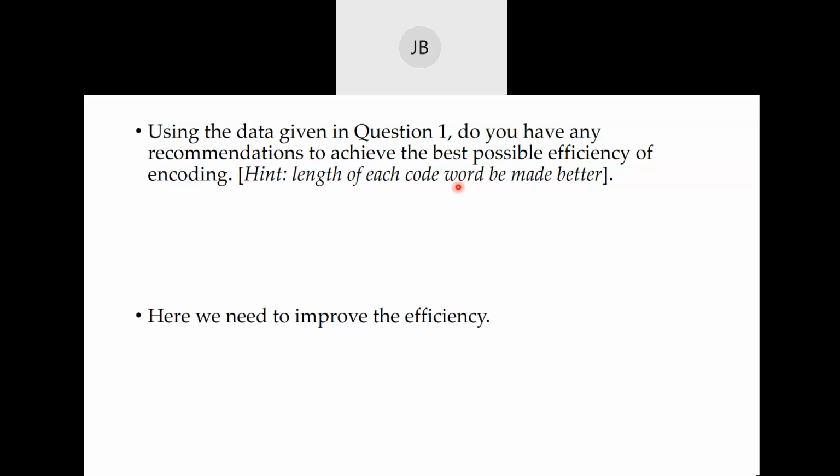In that direction, we need to think. So the first point is whether the present efficiency is the best or whether we can improve it. If we can improve the efficiency, how? By varying the code word length.